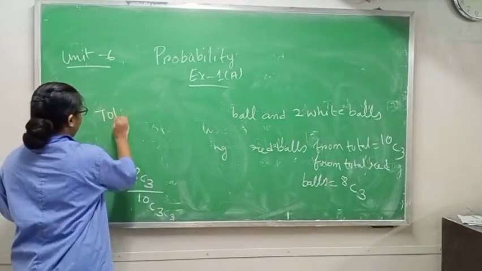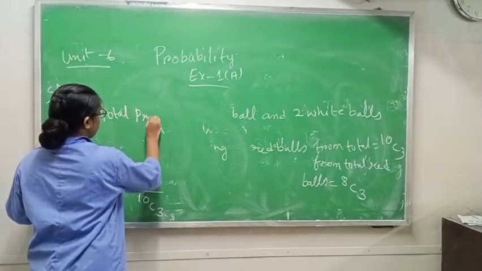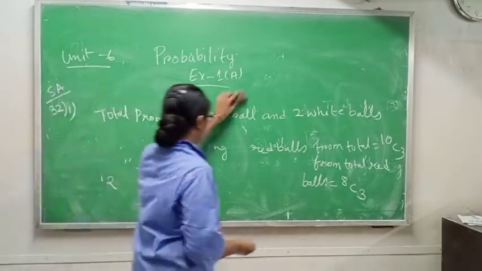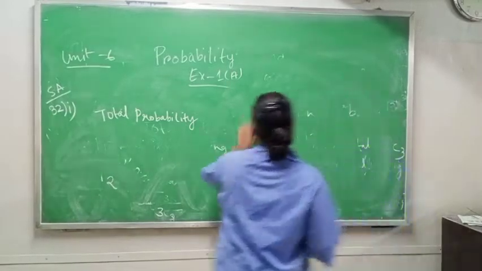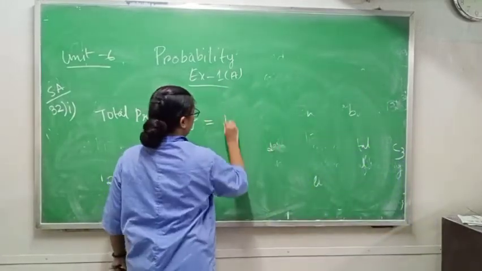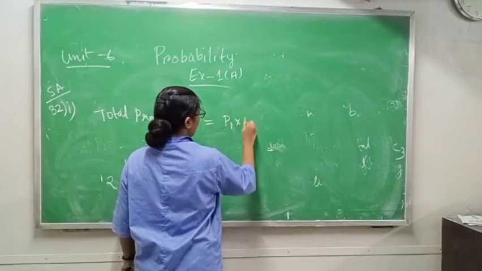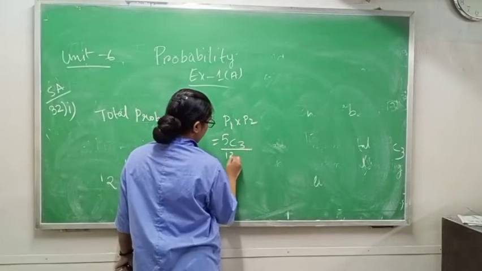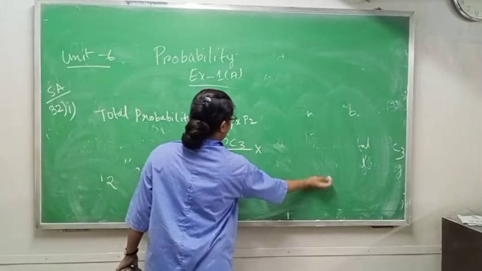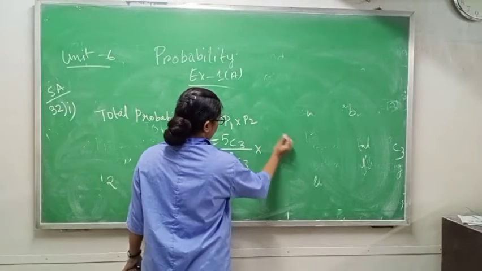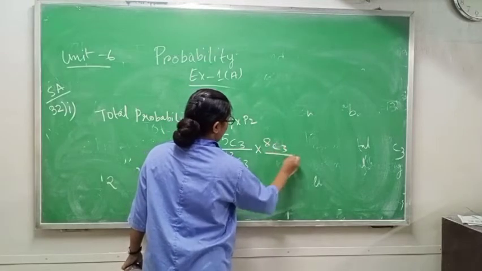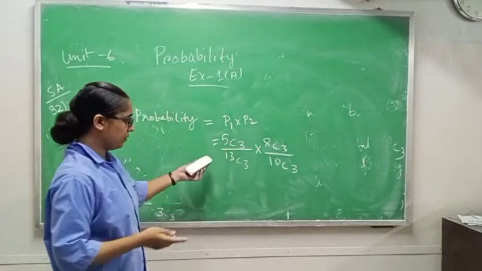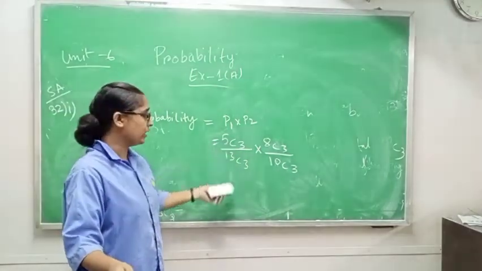So total probability equals P1 into P2. P1 was 5C3 by 13C3 and P2 is 8C3 by 10C3.